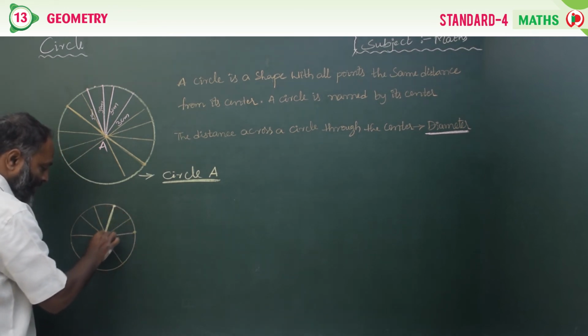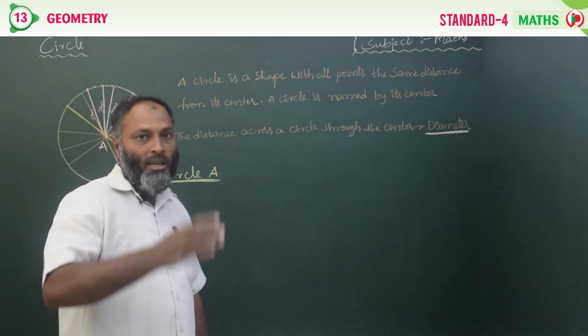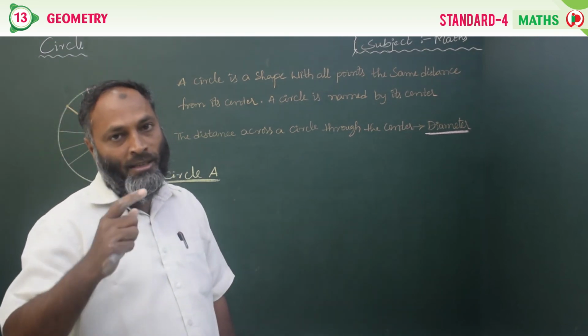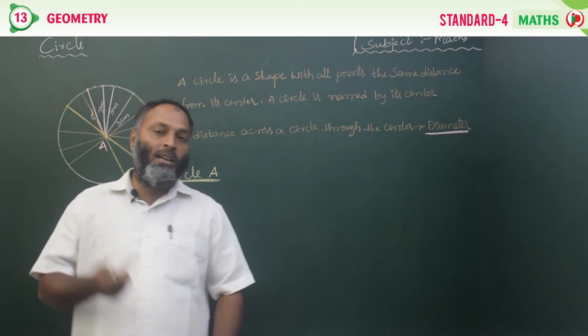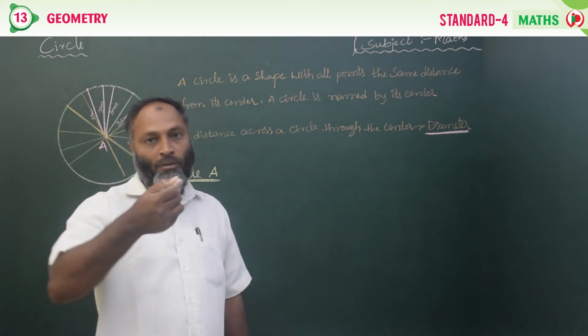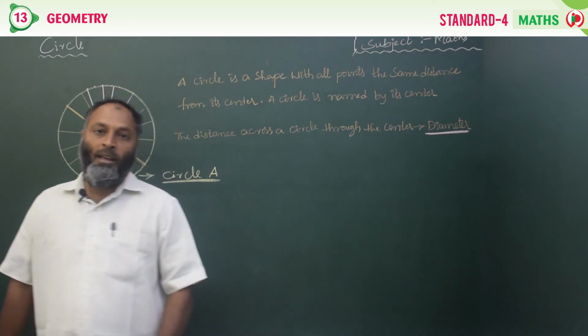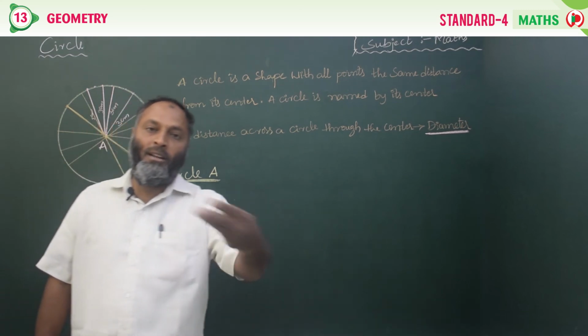So 2 radii make a diameter. It means half of the diameter is a radius, or double the radius is a diameter. This concept you should remember. If you double the radius, you get the diameter. If you halve the diameter, you get the radius.